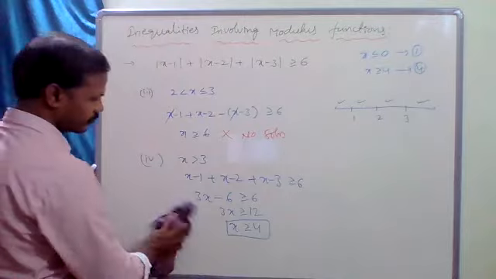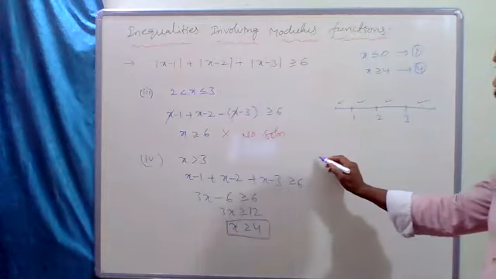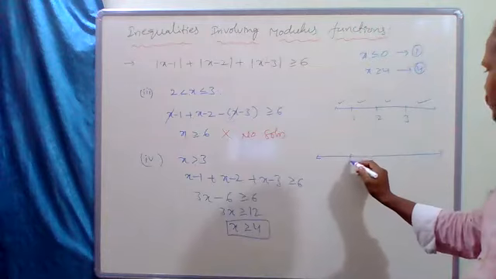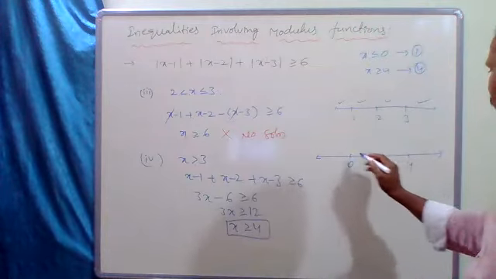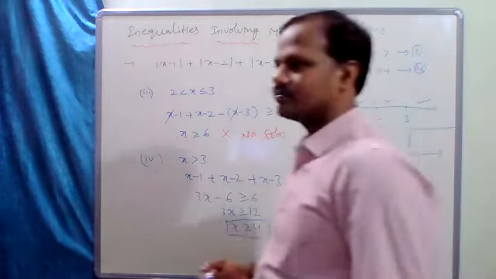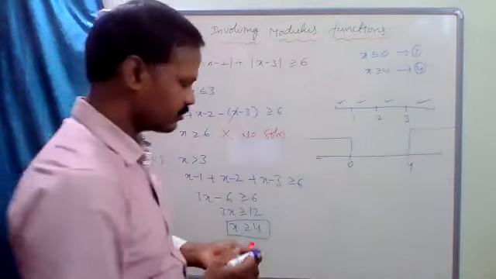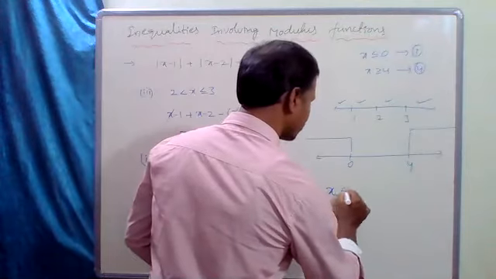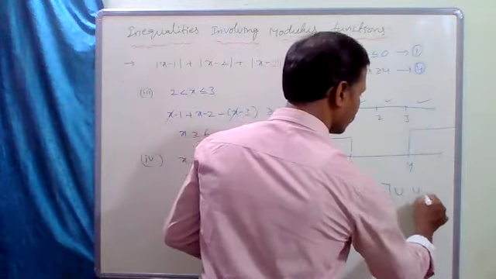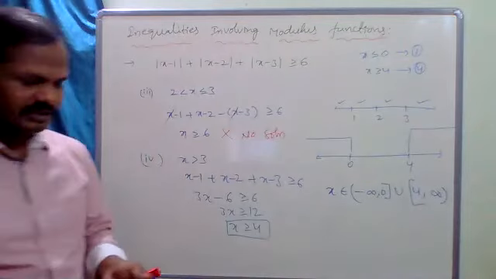Okay, now. So what is our solution now? So 0 is here and 4 is here. So what is the solution? The solution is x belongs to minus infinity to 0 union 4 to infinity, closed at 4, to infinity. Is it clear to everybody?